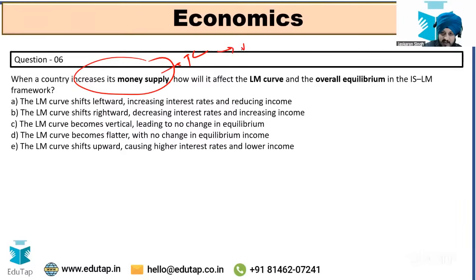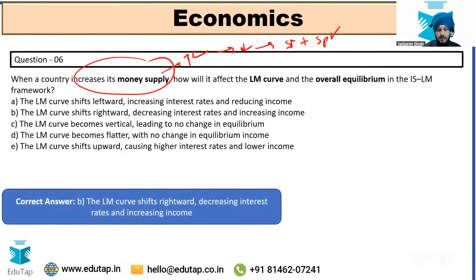Yes, the interest rate is going to fall. When the interest rate falls, what is the impact on investment? Investments are going to get stimulated, and spending is also going to increase, and that will raise the equilibrium level of income. So with respect to this question, the curve is going to shift rightwards, and B is going to be the correct answer, right?